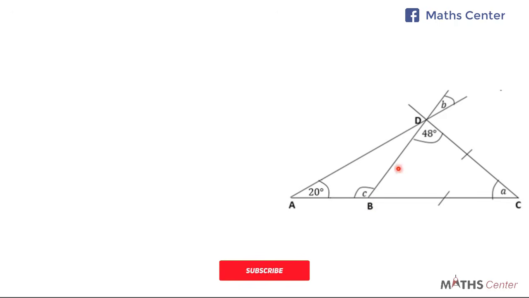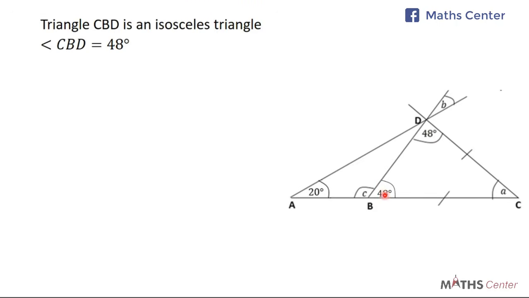This triangle BDC is an isosceles triangle. Look at it. There is this line here and there is this line here, showing that this side here and this side here are equal. So if this side and this side are equal, and here is 48 degrees, then what it means is that this side here will also be 48 degrees. I hope that is clear.